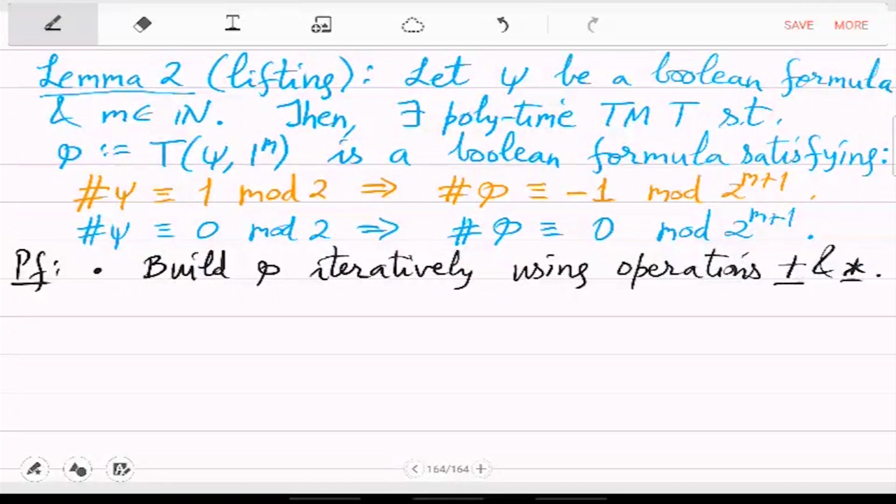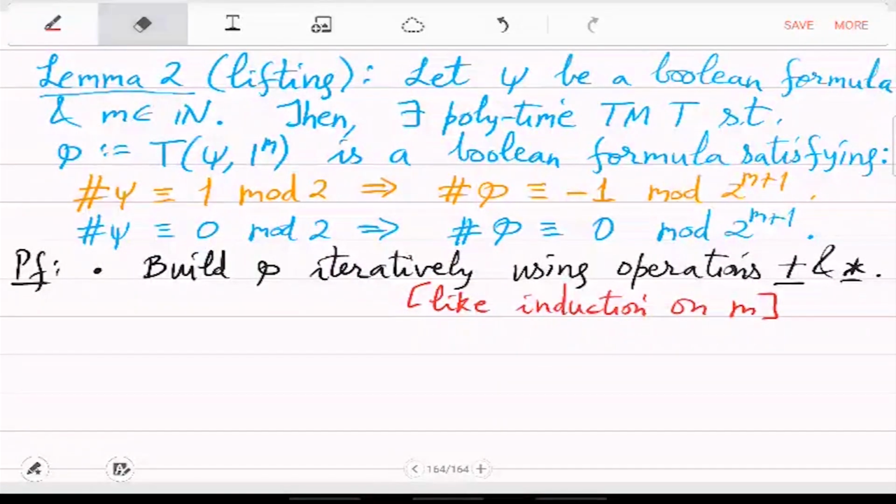So we had defined plus 1 before. Now we will define plus more generally. We can add 2 formulas, and we'll also define multiplication, which is quite easy. This will just be AND. So you can think of this as induction on m, but not exactly.